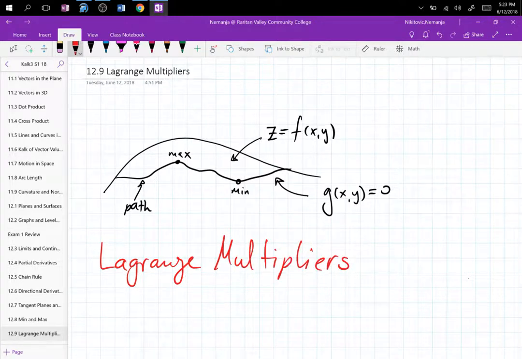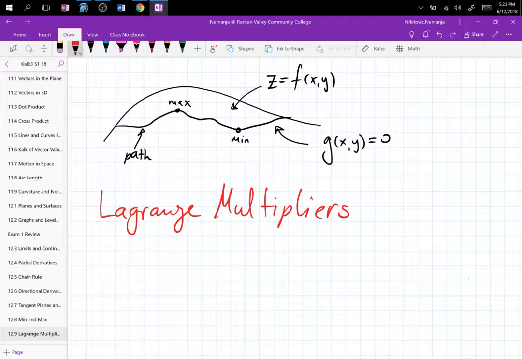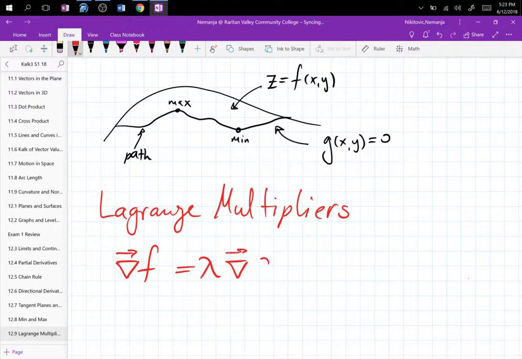So what is the method for Lagrange? And this works for any dimension. The Lagrange multiplier method simply says gradient f is equal to lambda gradient g. This is going to give us all equations except the last one. And then you also need g of whatever number of variables you have equal to 0.